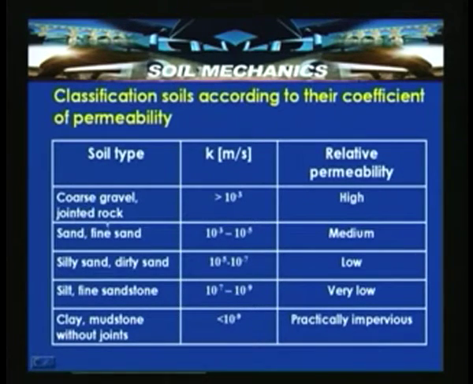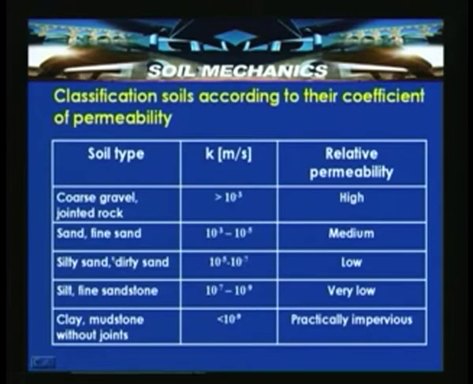If the soil is coarse gravel or jointed rock, it can have permeability greater than 10 to the power of -3 meter per second, and it is said to have high permeability. Fine sand can have permeability of the order of 10 to the power of -3 to 10 to the power of -5 meter per second. It is said to be of medium permeability.